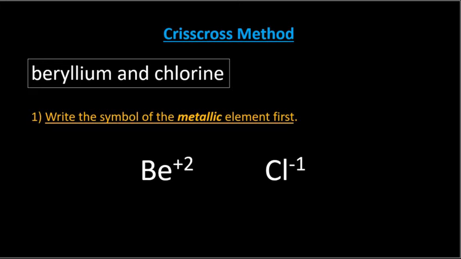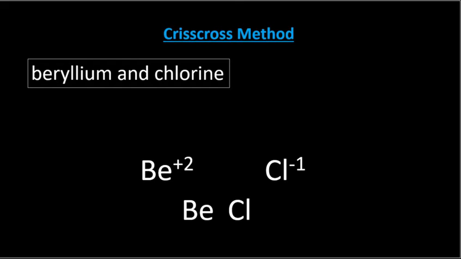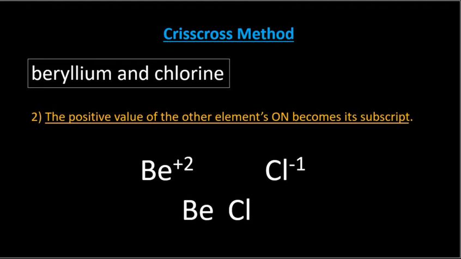Now, if we are going to figure out the subscripts for this, you start simply by writing the elements down. And the next rule comes into play. The next rule is the easy part. The positive value of the other element's oxidation number becomes its subscript. Now, if that sounds complicated, it's not.